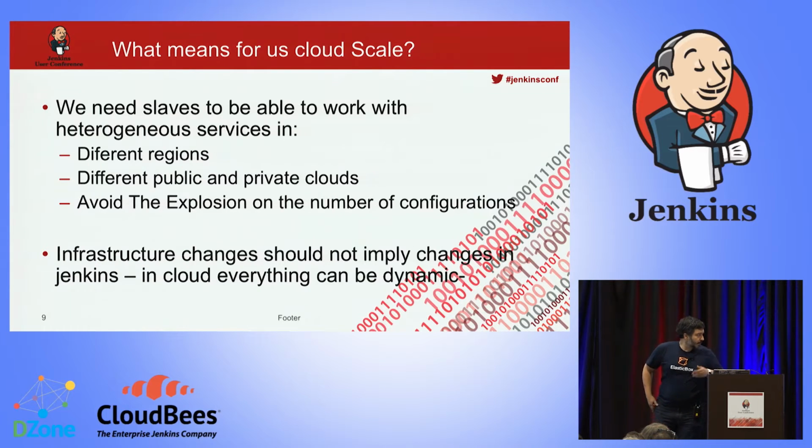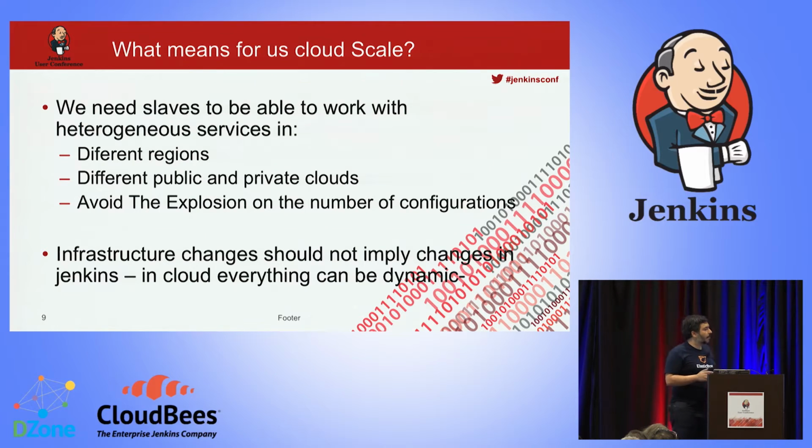The environment where we started to create the plugin is because we needed to deploy different slaves in different regions and different clouds, and also to avoid dealing with an explosion of configuration, because each cloud can be different.